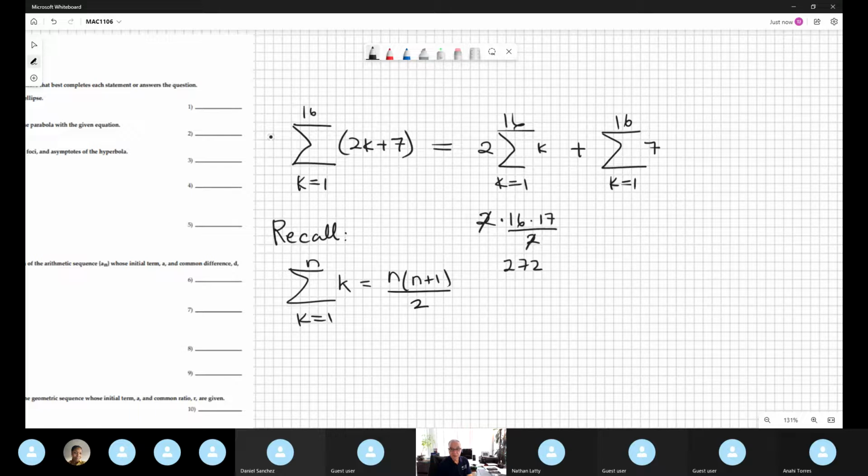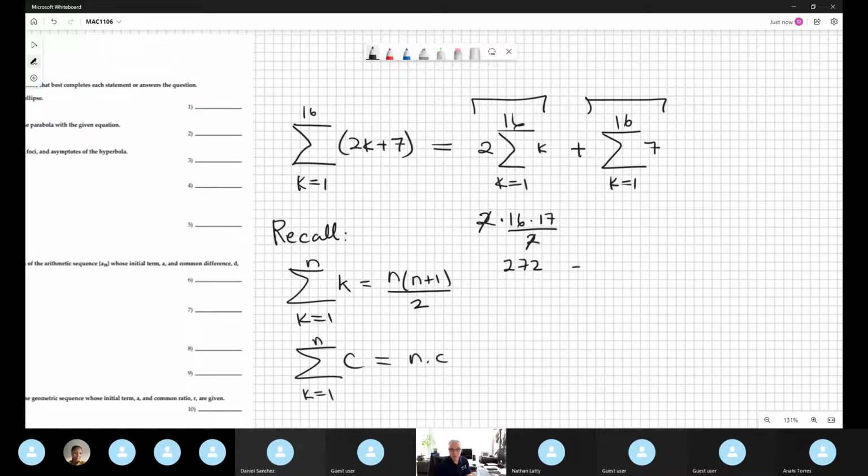Okay, I finish this part. Now let's move to this one, which is easier. Another formula is sigma k from 1 to n of a constant c. I call it in the lecture, our c is 7, so it's 7 plus 7 plus 7, 16 times, it's a multiplication.